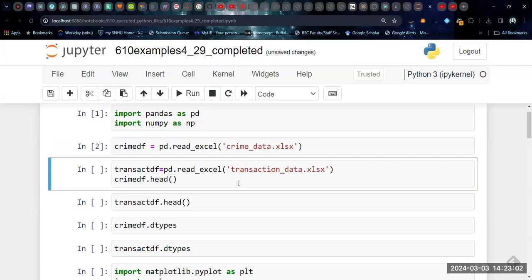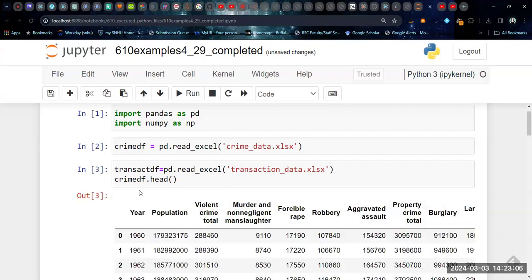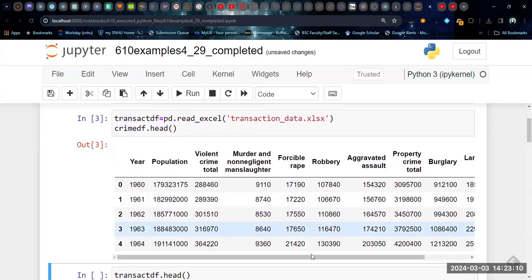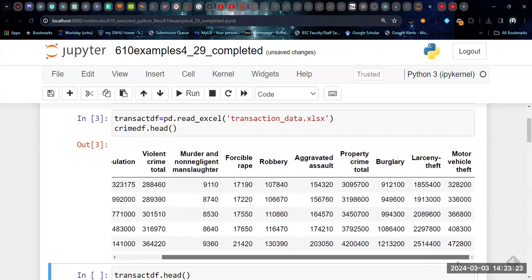So we're going to import the transaction data, and then the crime data itself. The year is our first column. We've got population values, numbers of violent crimes, murders, all kinds of terrible things that happened.